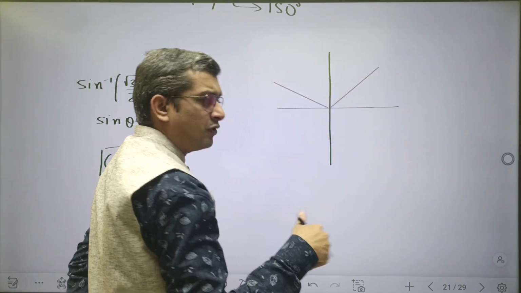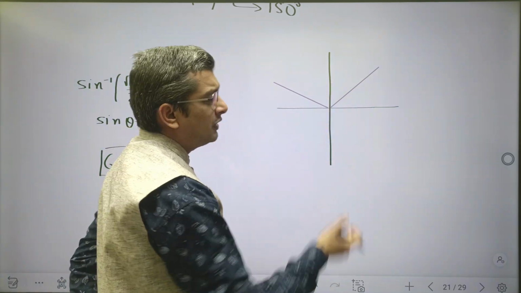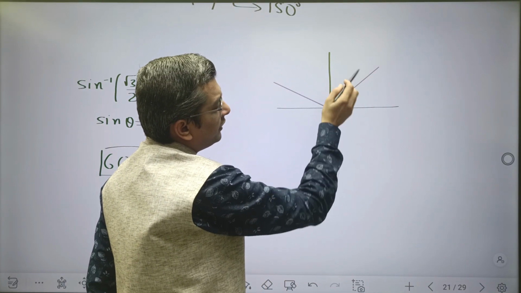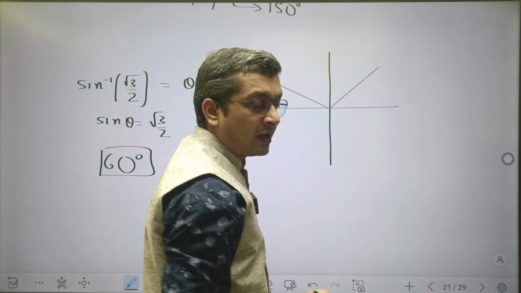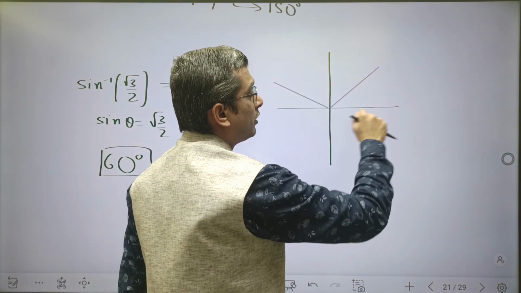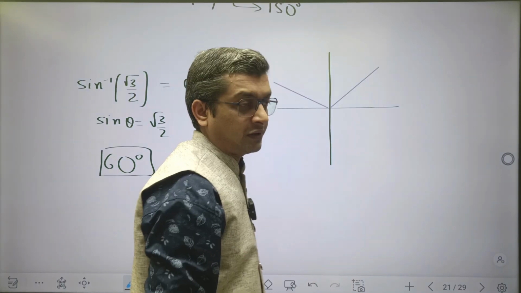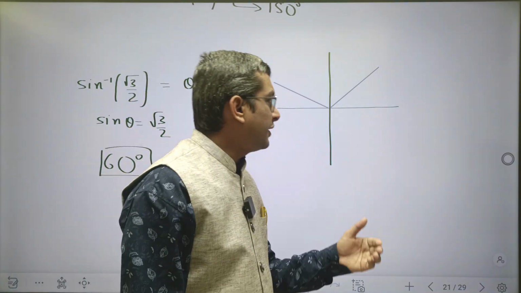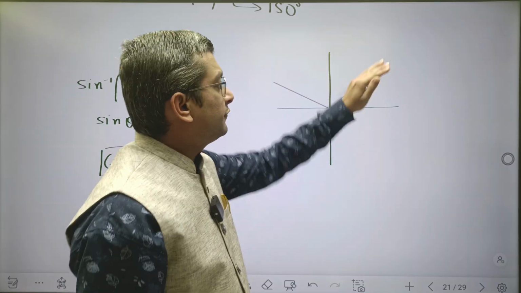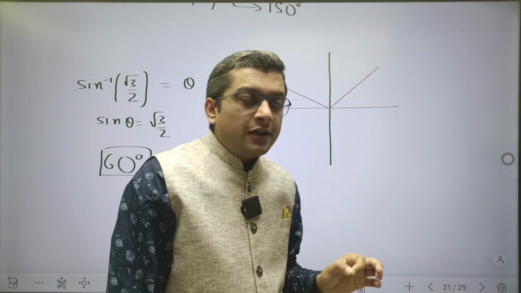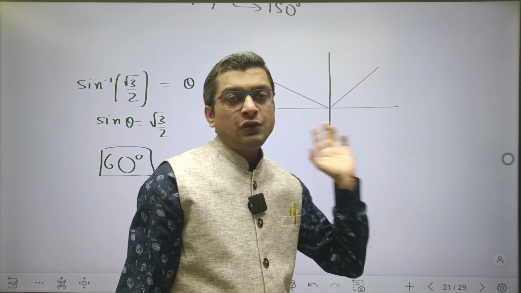Before going to the third step, let us have a look at this. If the line comes in the first quadrant or fourth quadrant, then take the angle with reference to the positive x-axis.